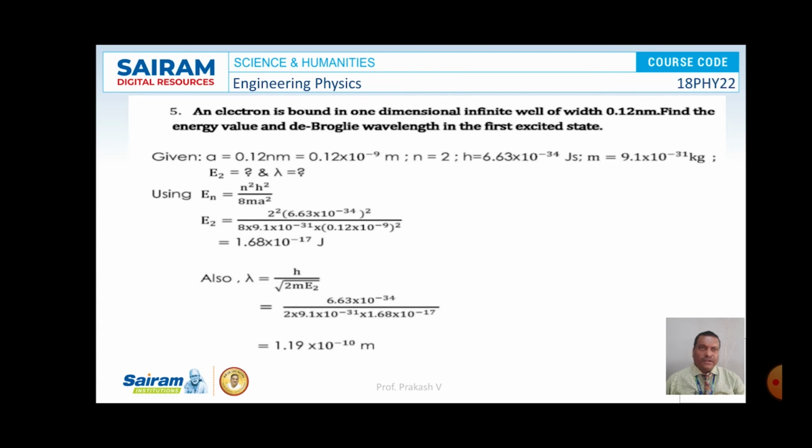And according to de Broglie, lambda is equal to h by square root of 2 m E2, for the first excited state. Therefore substitute the values of E and h here. On simplification, the value of lambda is going to be 1.19 into 10 to the power of minus 10 meter. So this is the solution for this problem.